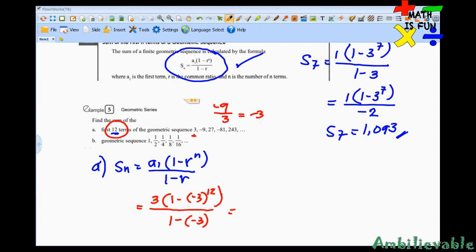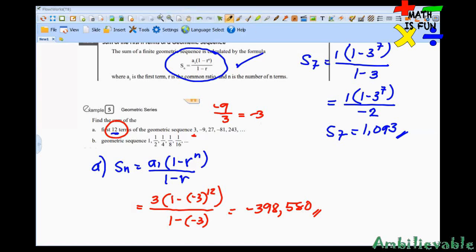So the answer is negative 398,580. Justify if you got the same answer. Did you get the same answer?